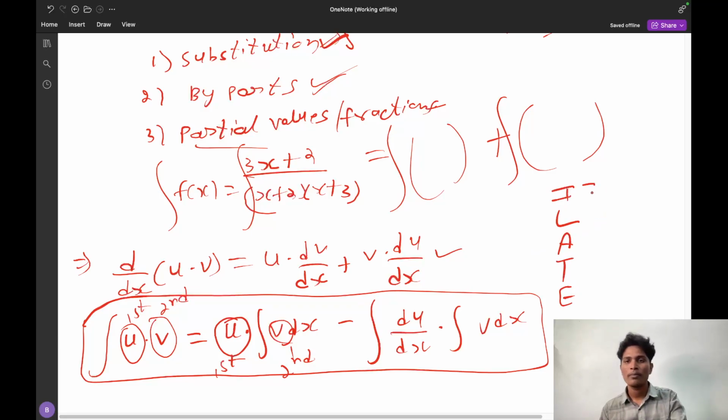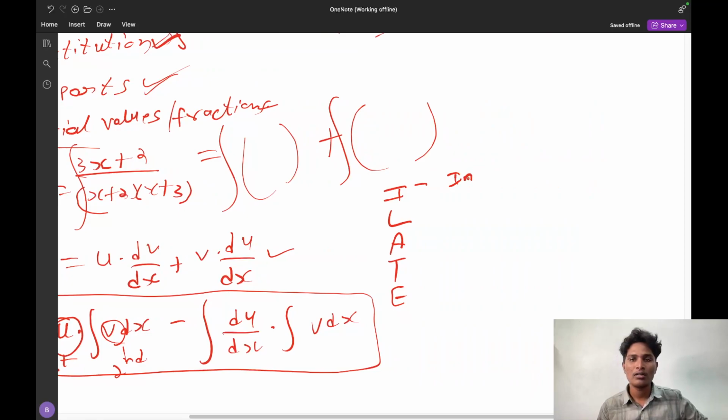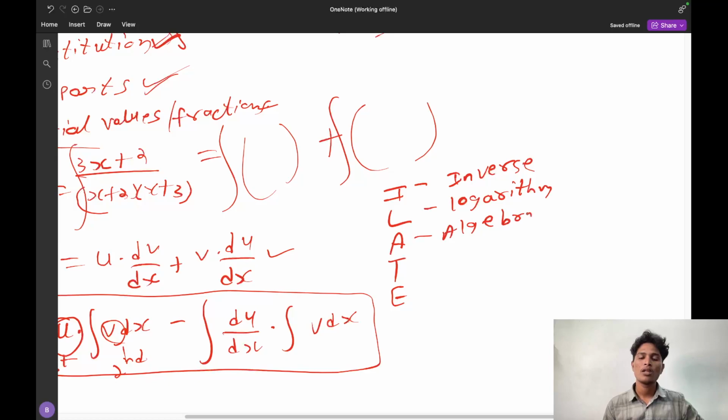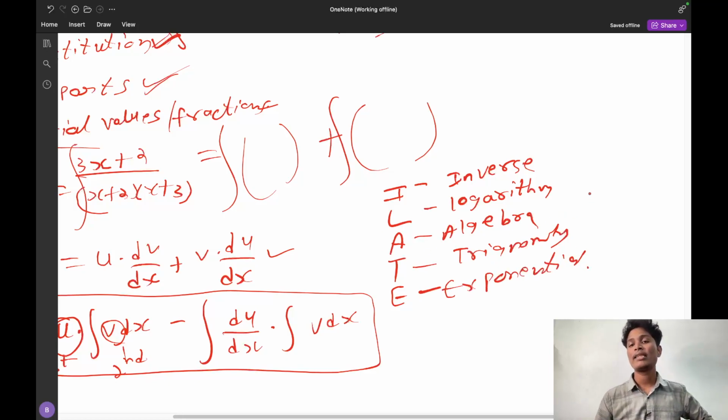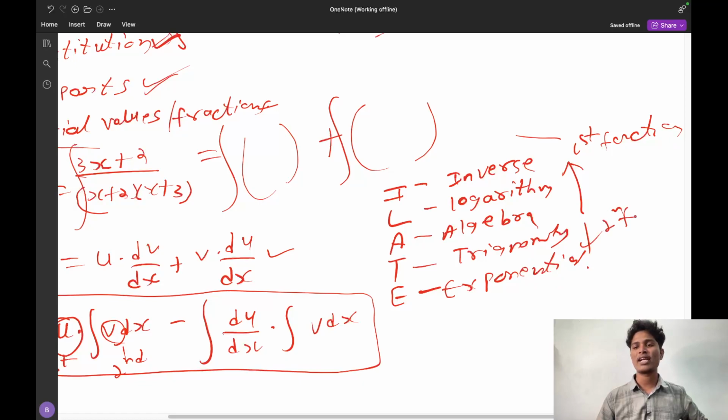The I stands for inverse, L stands for logarithmic, A stands for algebra, T stands for trigonometry, and E stands for exponential. So how to find the first function? The upper values, that is, if the function is above, top value, it will be the first function. If the function is down, it will be the second function.